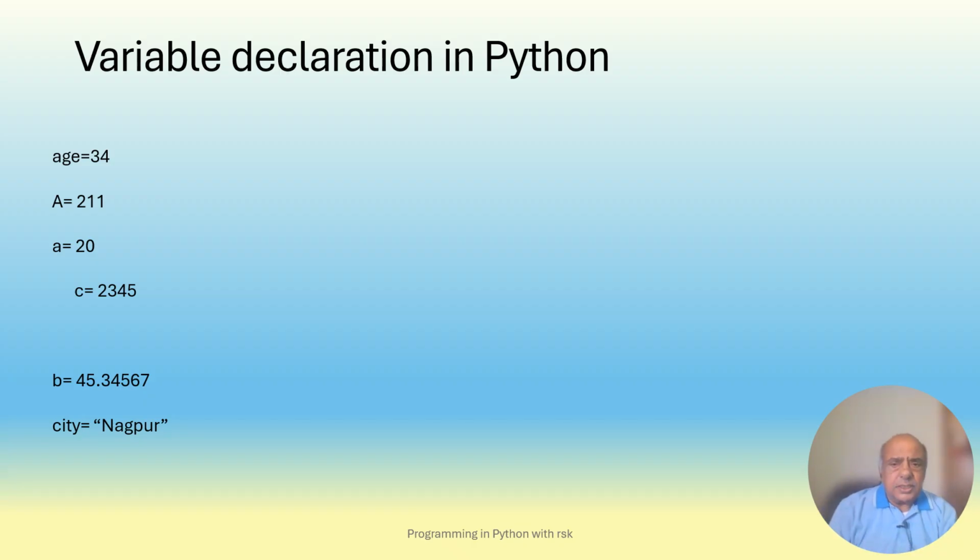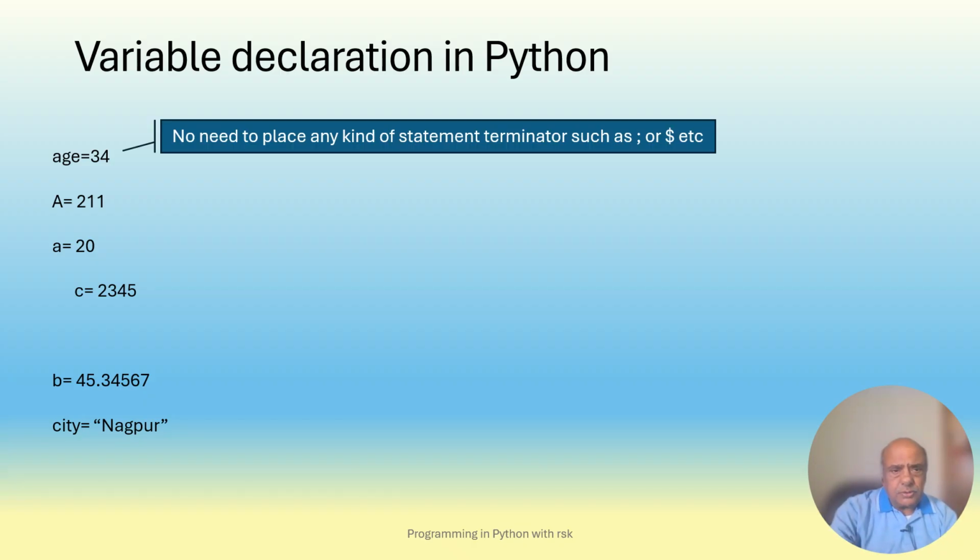How are variables declared? As we have already seen in our previous video, there is no need to place any kind of statement terminator such as a semicolon or dollar or anything like that. Just simply age is equal to 35 suffices and it is a valid variable declaration and definition statement.